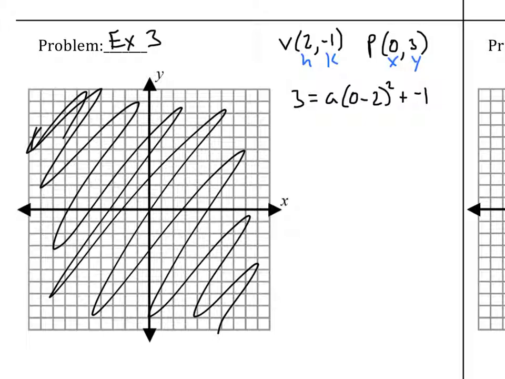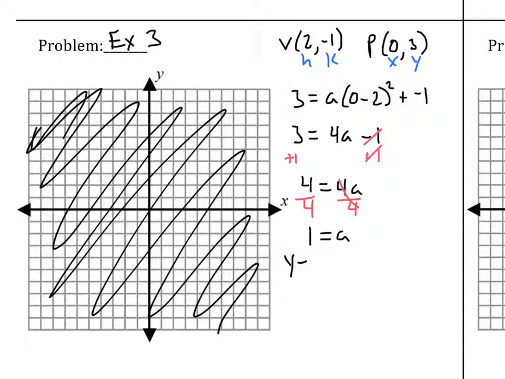Well, 0 minus 2 is negative 2. Negative 2 squared is 4. So I have 4a minus 1. Add 1 to both sides. 4 equals 4a. I bet you know what a is going to be now. So a must equal 1. All right.